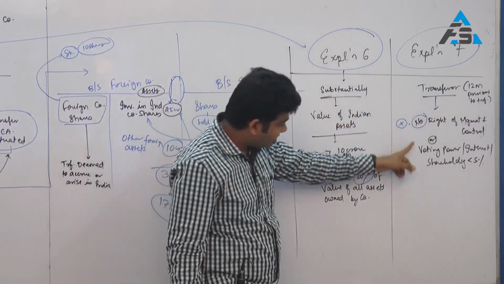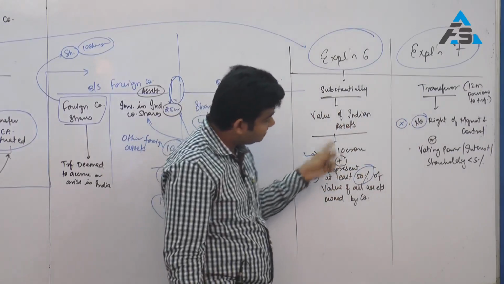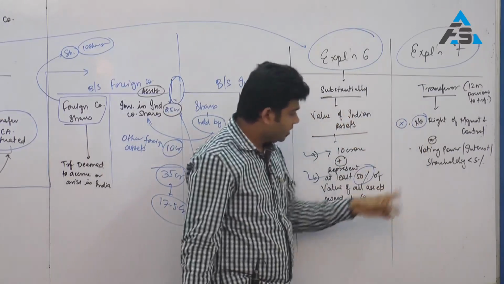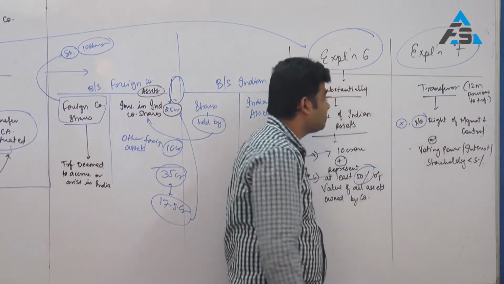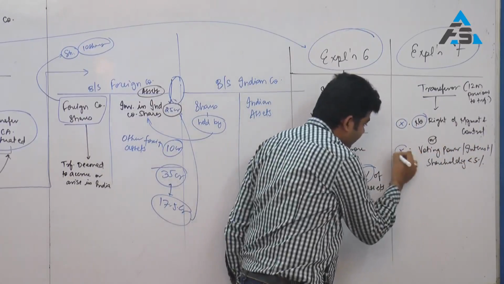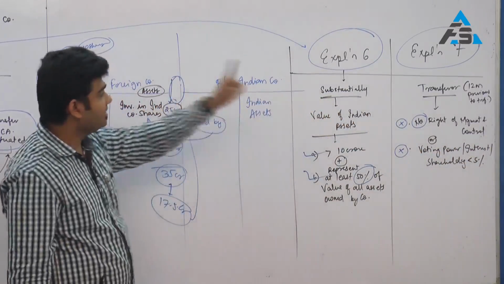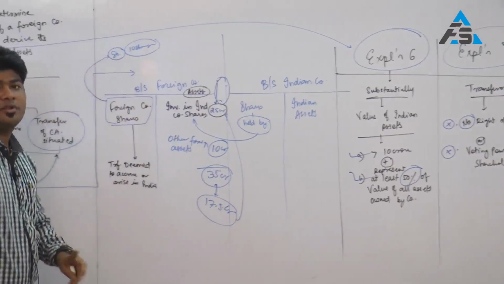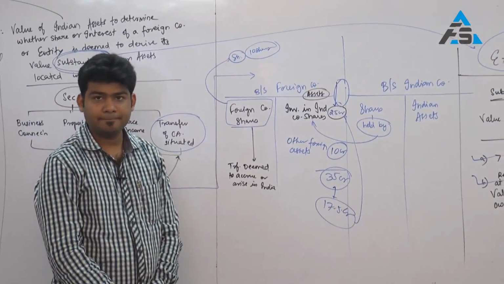Or, so either of the conditions has to be satisfied. This is plus, so both of the conditions have to be satisfied here. Or voting power or interest or shareholding is less than 5%. So again, if this is less than 5%, then this transferor will not be liable to any capital gain tax in India.